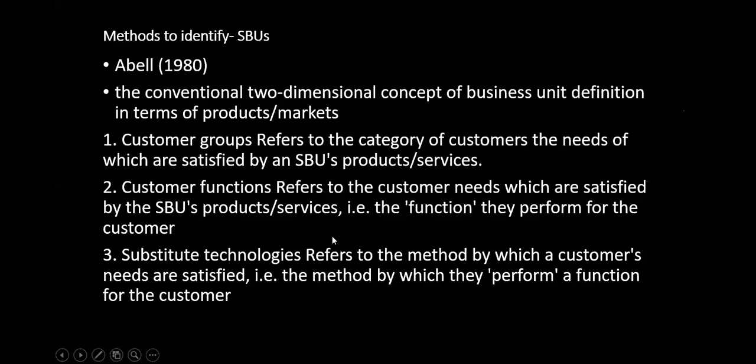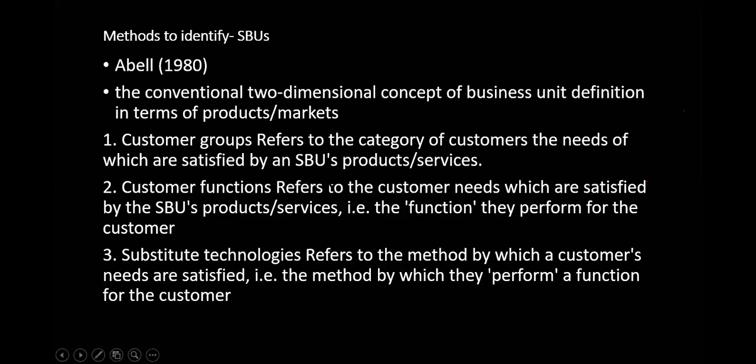Now, with regard to SBUs, when you take General Motors, there may be 49, 50, 51, 52 SBUs, producing different items and approaching different market segments. When you look at LG, or even Hayleys or Aitken Spence, you may identify different SBUs.